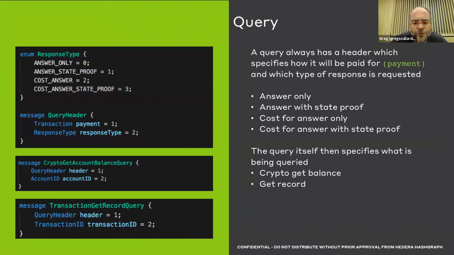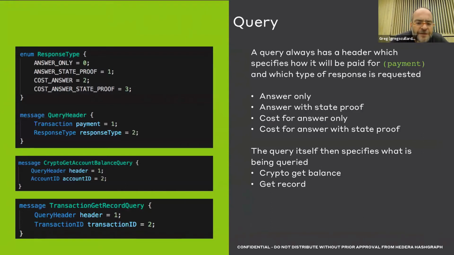So you may want to do a cost for answer only first, and that will give you the cost of running that particular query, which can be calculated by the SDK or by simple tables, because the size of the response will depend on the number of records and so on.